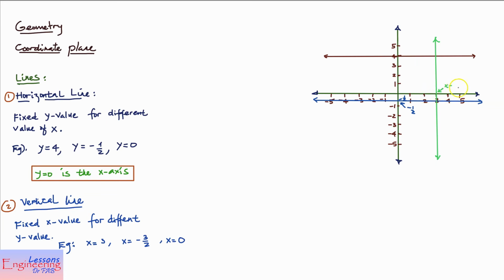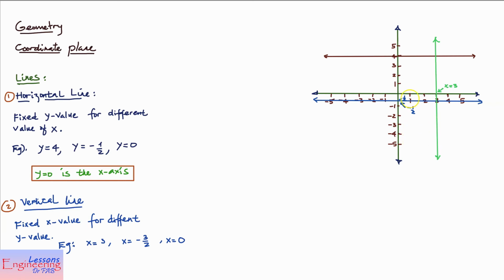As you see, on this line the x value is fixed. If you go to this point, x equals 3; this point, x equals 3; down here, x equals 3. The value of y is varying, but in all cases the value of x remains the same, which is 3.